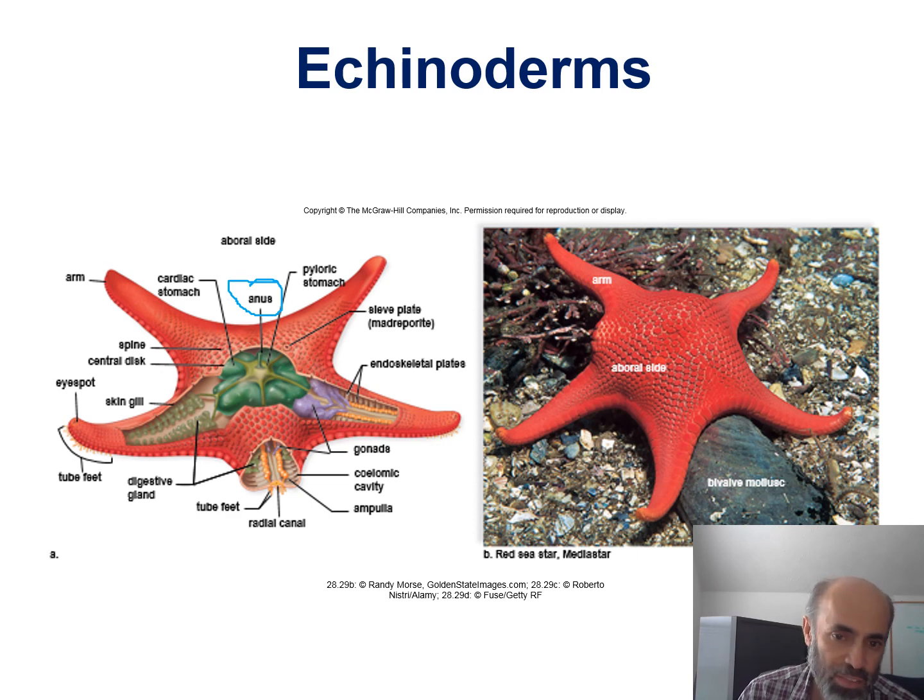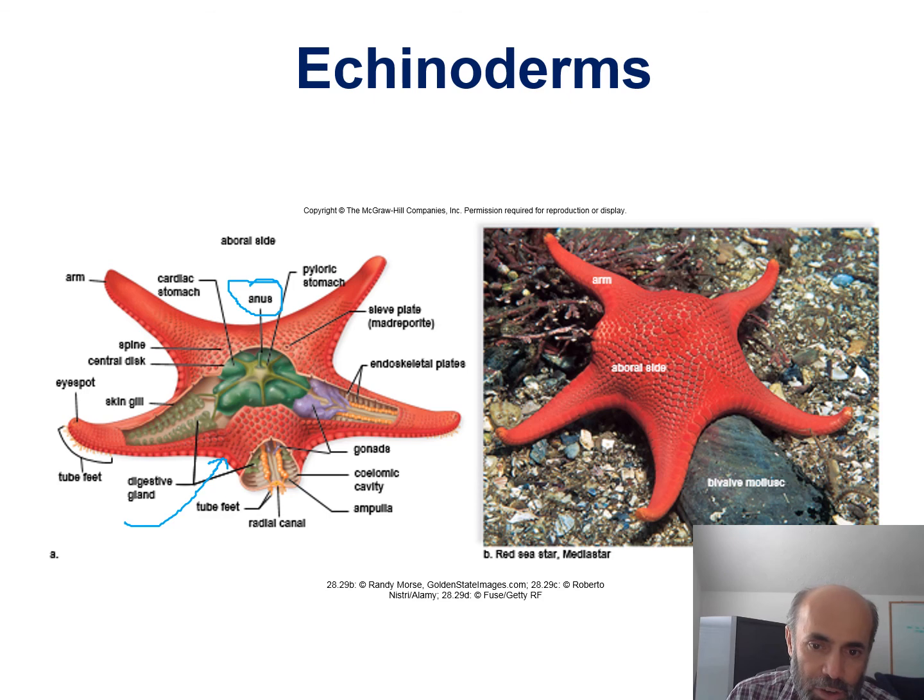That stomach can actually go outside their body through the mouth, which is located on the ventral side of the body, towards the lower side. So you will see them somewhere there. So anus on one side and mouth on the other side.